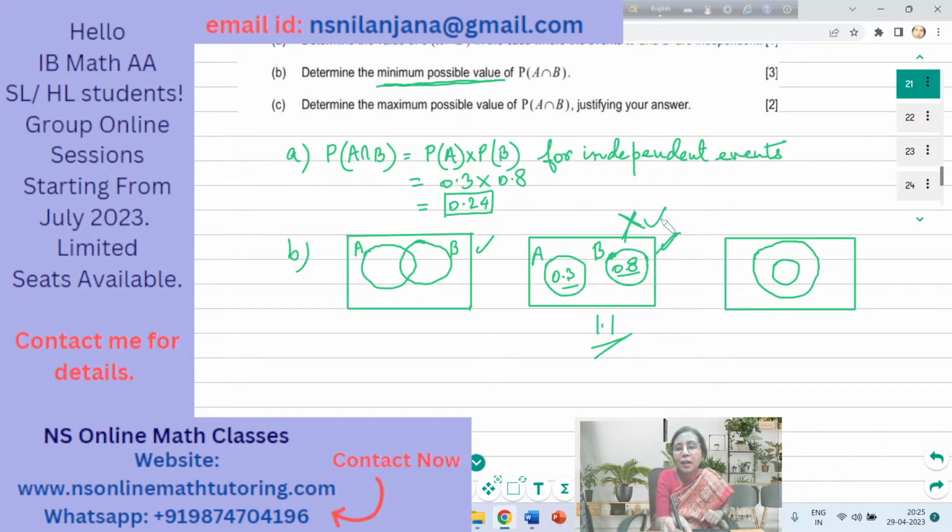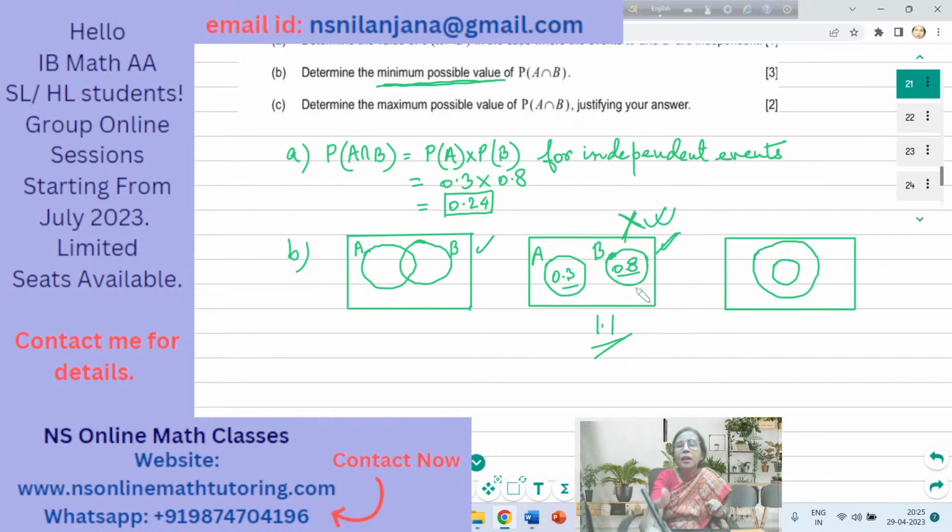It cannot be this way, that there is no overlap between the events A and B. There should be some overlapping, a common region between these two sets. Because otherwise, if they are completely separate, if they are mutually exclusive, this is a condition of mutually exclusive, no overlap.